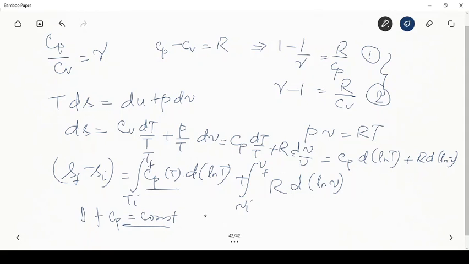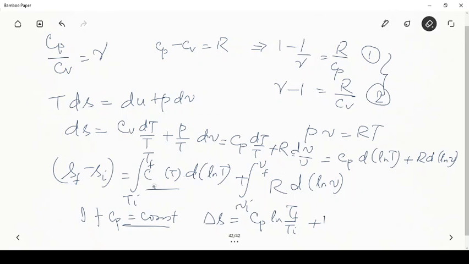So then delta S, which is Sf minus Si, is Cv log Tf by Ti. Sorry, not Cp, it should have been Cv. Actually, I've been making that mistake everywhere.